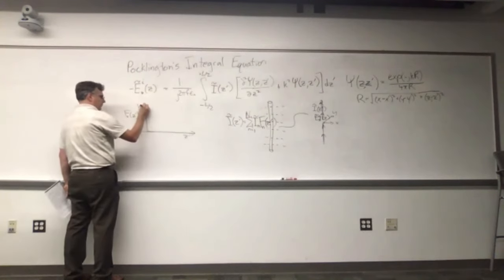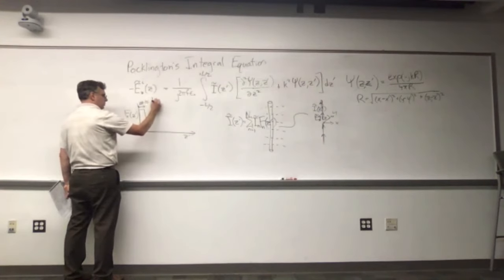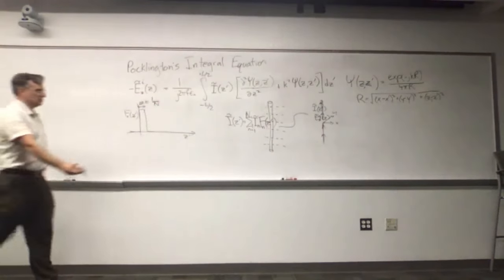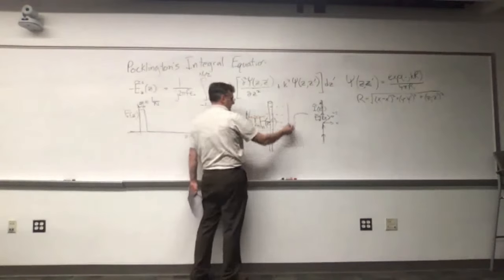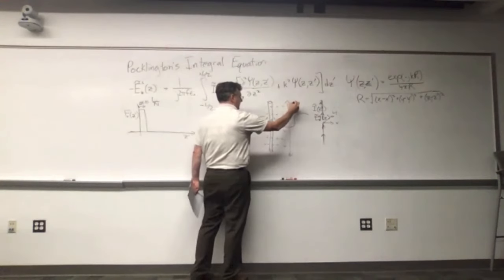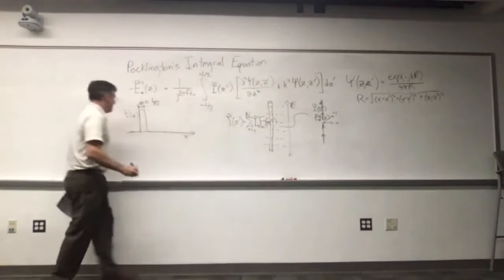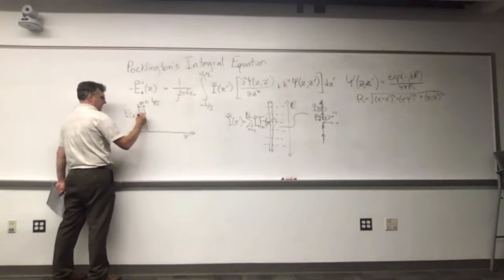If I chose a uniform discretization, this would be some sort of delta z, which would be approximately equal to the length L divided by the number of segments that I discretized. And then this is my f sub 1.